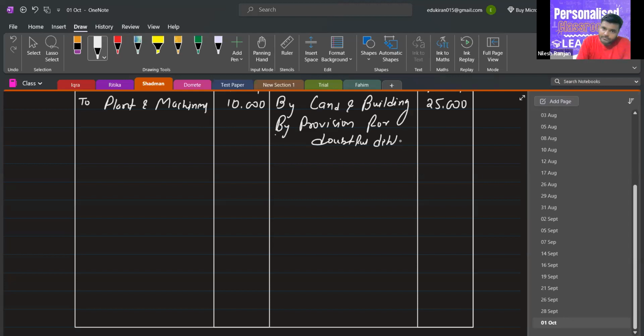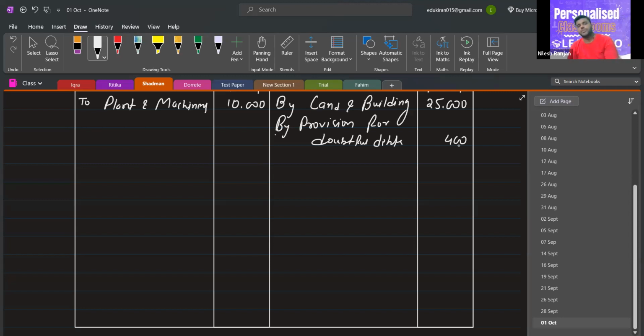Sir, doubtful debts means there is doubt that they will give us the amount. So excess means it didn't increase. Excess means it is more than what we thought. Okay, sir. So they'll give more now. Actually, in the question, you can see the data is given.